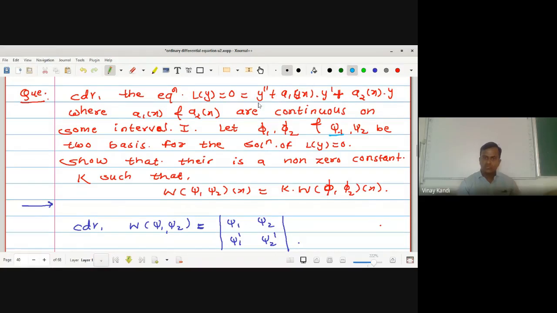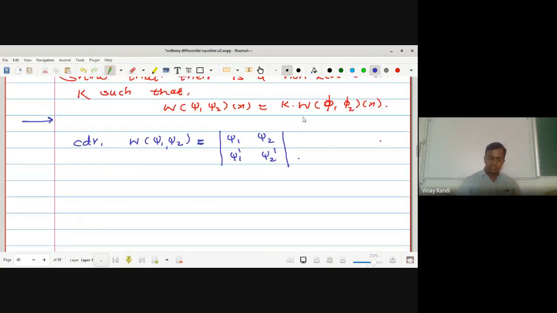Phi1 is the solution of this equation, also psi1 is the solution of this equation, and phi1 and phi2 are the basis of this solution space. बेसिस दिलाय म्हणजे psi1 तुम्ही phi1 आणि phi2 च्या linear combination मध्ये लिहू शकता.